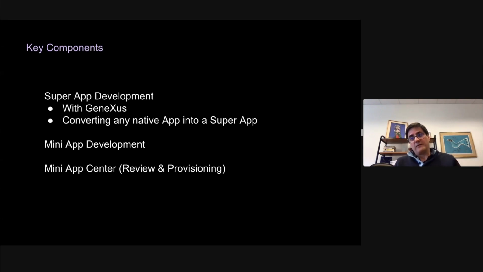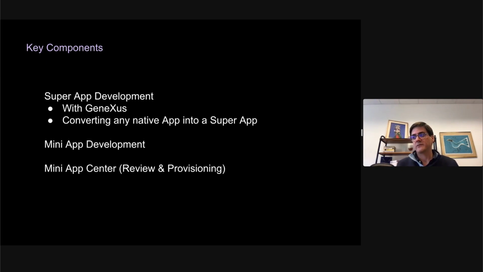The other component is, of course, mini app development, because what makes sense with super apps is that you have these mini apps. And then the mini app center, which is the point that connects both sides, right? You have a super app, but where are you going to get the mini apps from?